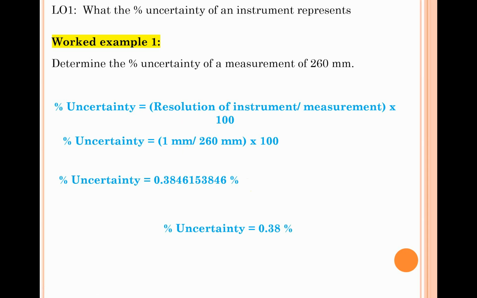And then of course we need to round that to two significant figures, which in this case is 0.38%. We can now quote this length as being equal to 260 millimeters plus or minus 0.38%. And again, if needs be, you can pause the screen and copy down the full solution or make any corrections you need to.